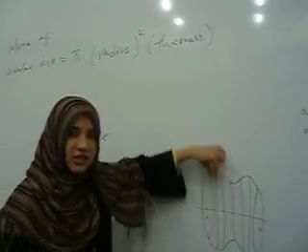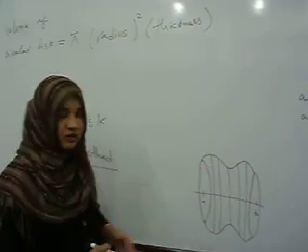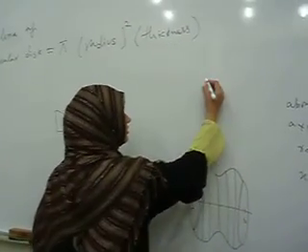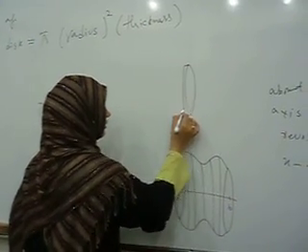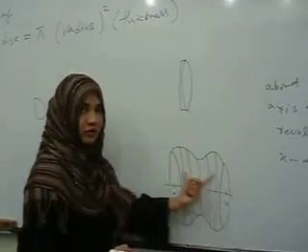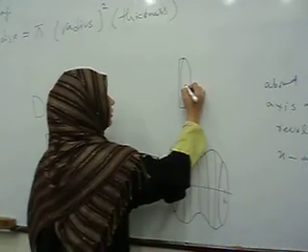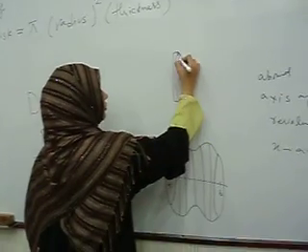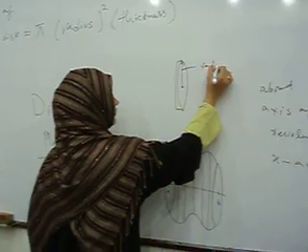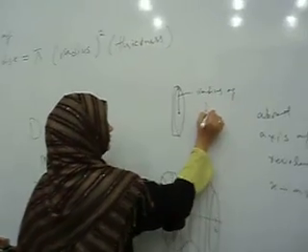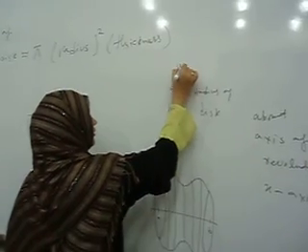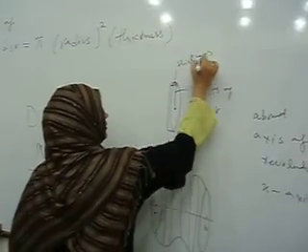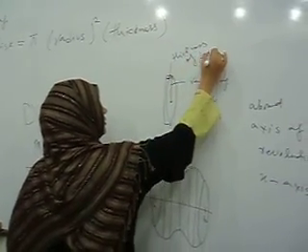I take one slice of a disc from this particular solid of revolution. For example, if this is the disc removed from this solid of revolution, this particular length is known as the radius of the disc, and this much is the thickness of the disc.